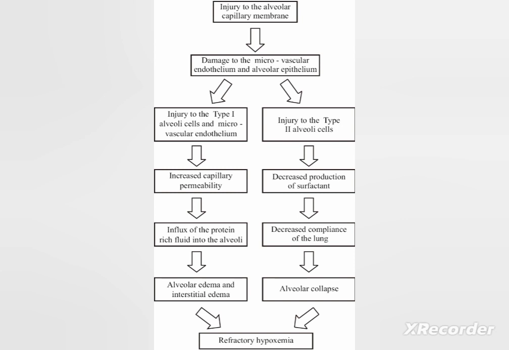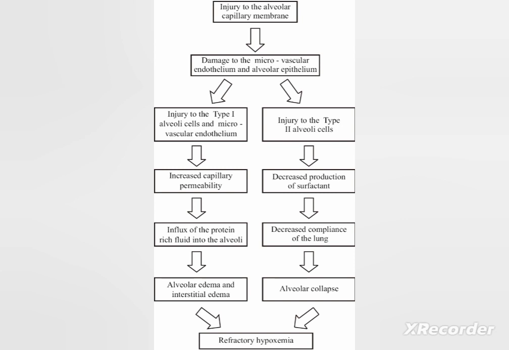So in the pathophysiology, due to the etiological factors, there will be injury to the alveolar membrane, and that leads to damage to the microvascular endothelium and the alveolar epithelium. There are type 1 and type 2 alveolar cells. Injury to type 1 cells leads to increased capillary permeability, and there will be diffusion of protein-rich fluids into the alveoli.